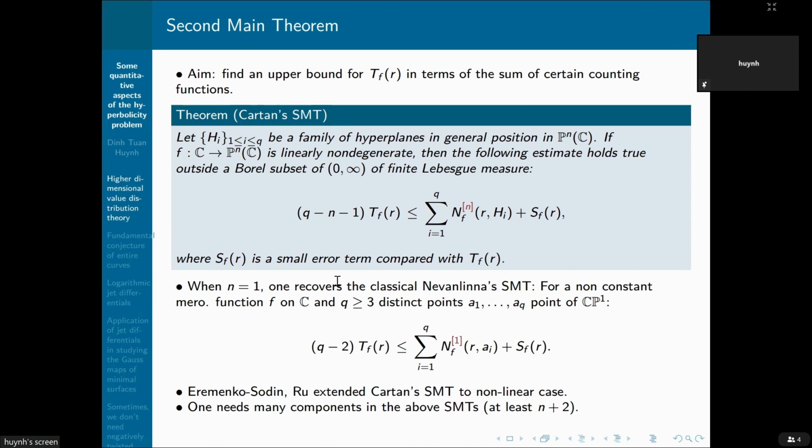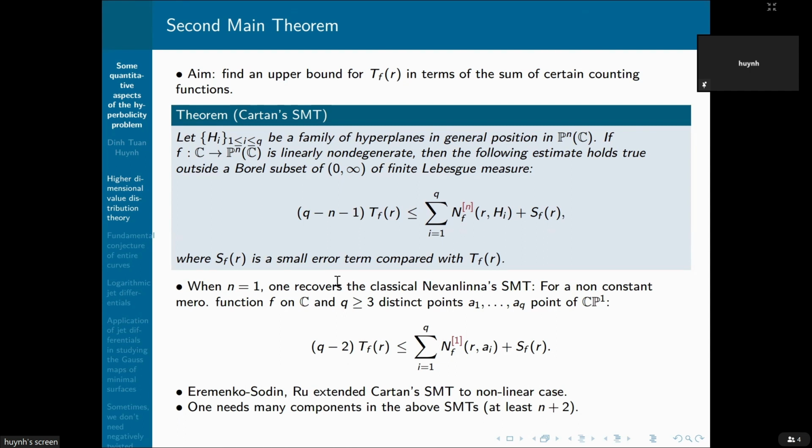Q minus n minus 1 times T_f(r) is bounded from above by the sum of the truncated counting functions of f with respect to H_i, and this inequality holds true outside a Lebesgue set of (0, infinity) of finite measure.